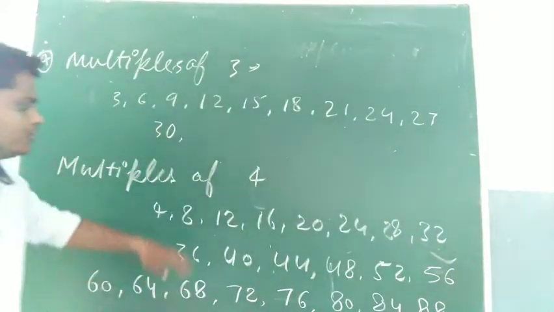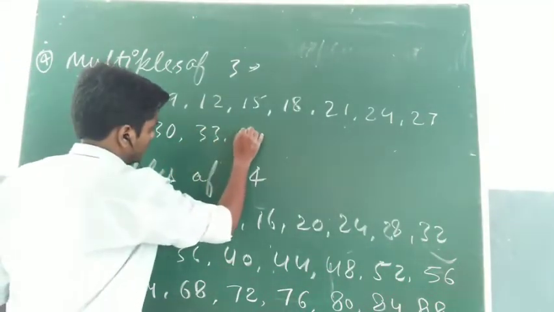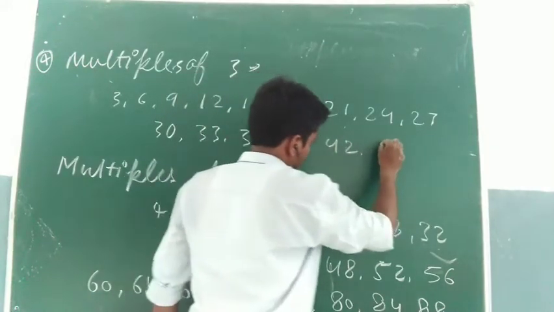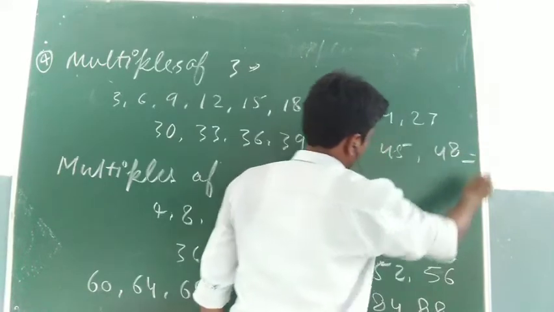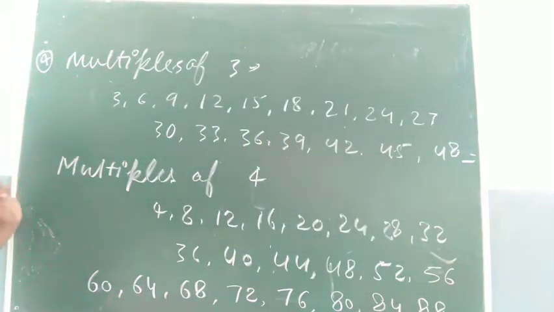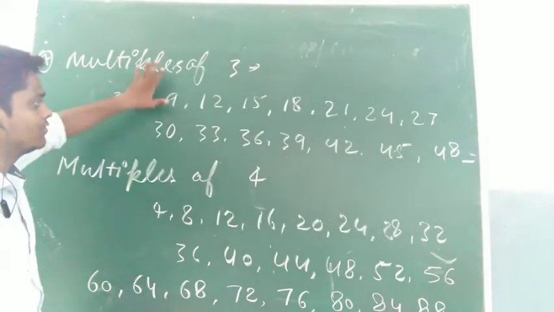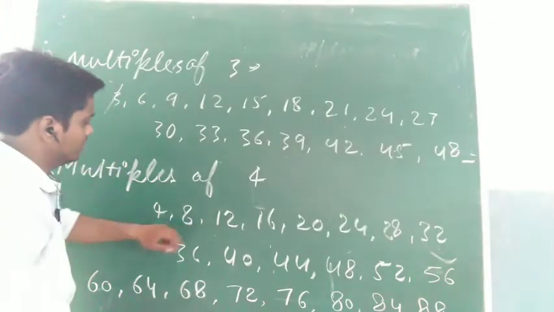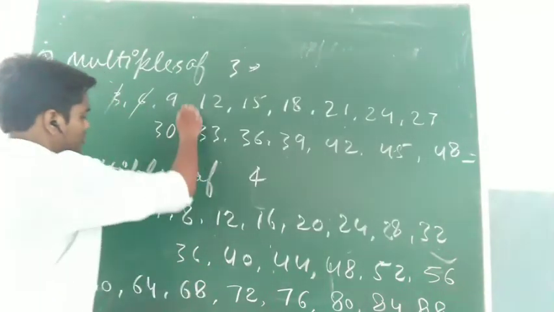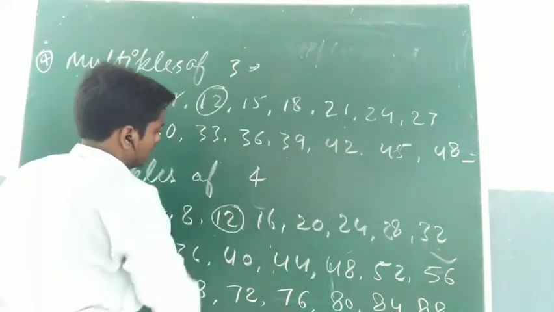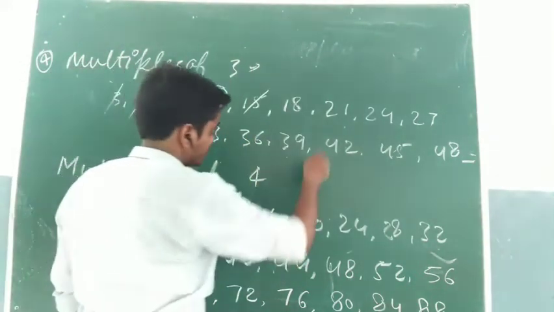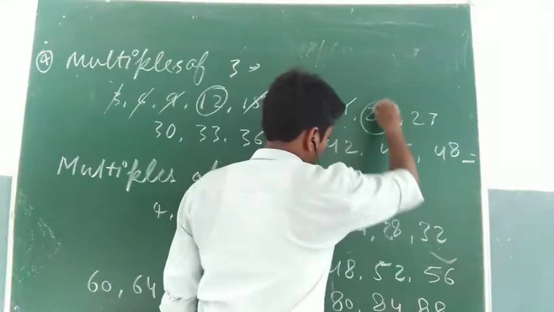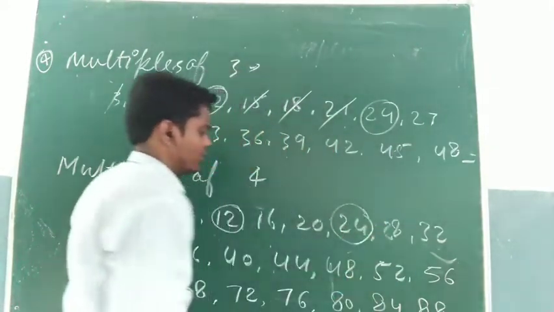And so on, you will do. So we have to find the common multiples of 3 and 4. We see 3 is not present, 6 is not present, 9 is not present, but 12 is there. After that 15 is not present, 18 is not present, 21 no, 24 we have in the multiples of 4.